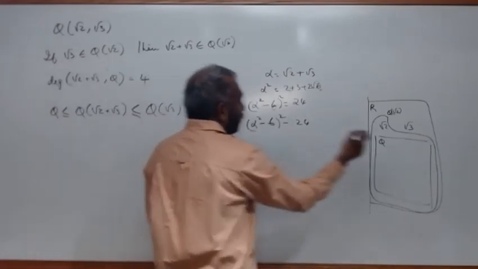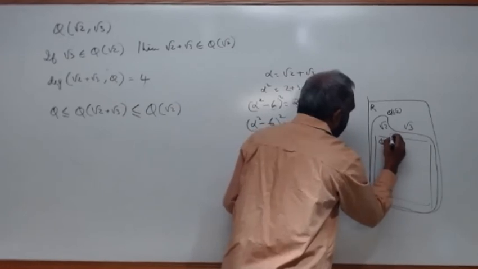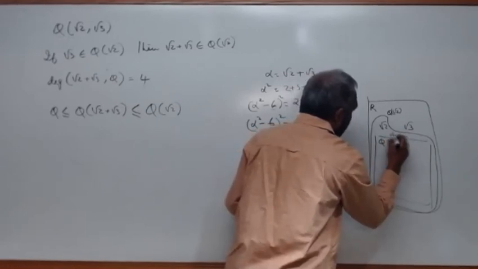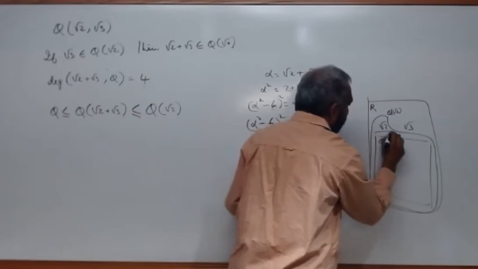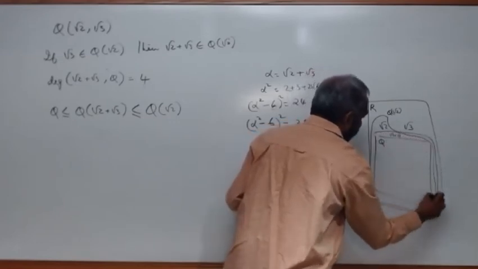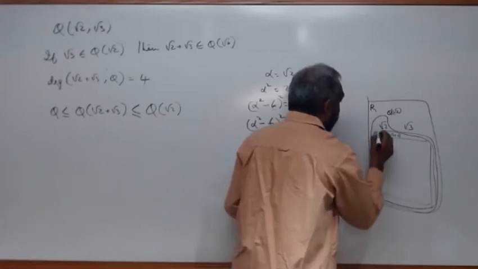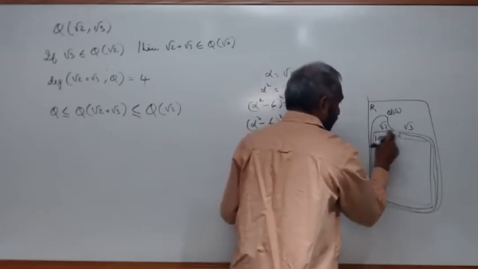If you are assuming that root 3 is inside here, then root 2 plus root 3 is here. So the simple extension containing this will definitely be smaller than this, if you are assuming root 3 is inside here.